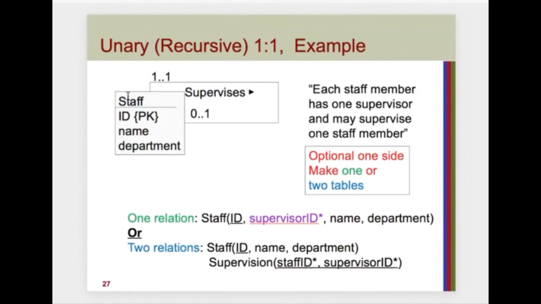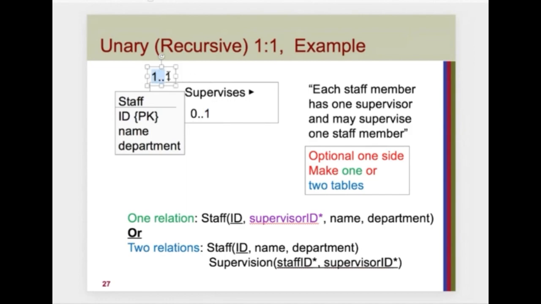In our company database, we had an entity staff identified by a staff ID, staff name, and its department. And we saw that some of the staff members supervise other staff members.